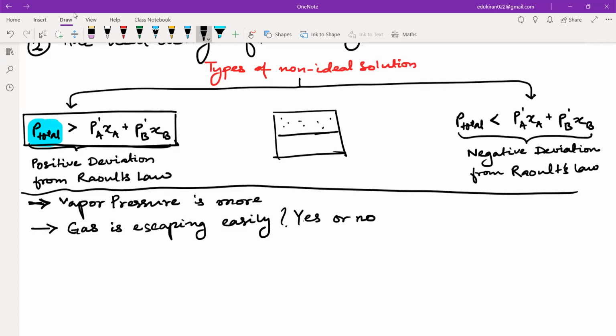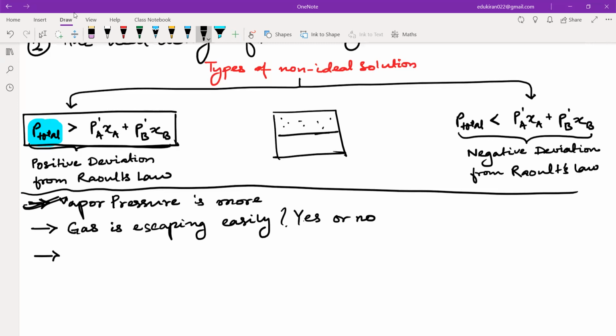Yes or no? Is the gas escaping easily? If vapor pressure is more, what does it mean? Is the gas escaping easily or with difficulty? Tell me. Easily, yes or no? Yes. All of you agree? Do you all see it? Gas is escaping easily. Please keep this chain of thought here only.